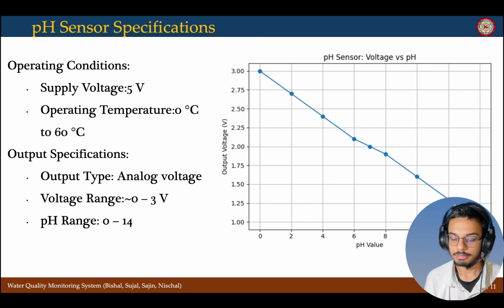There is a high voltage for a high H plus ion concentration, and if there is a low H plus ion concentration, let's assume it to be 5 volt. So 100 minus 5 is 95 volt, and 100 minus 50 is 50 volt.